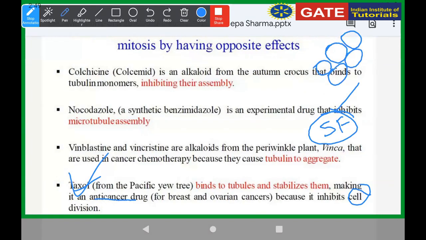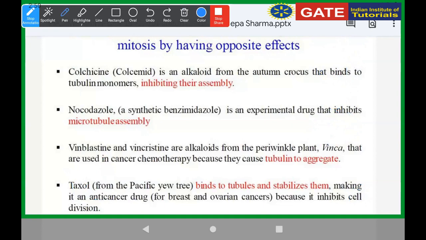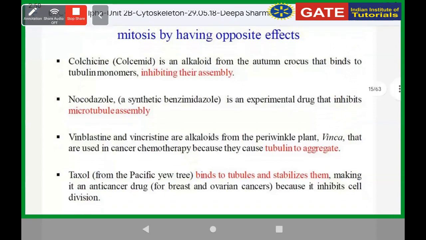These cells undergo division to double the tumor cells. If tumor cells multiply, the complete organ becomes a tumor, cancer. To prevent this cell division of tumor cells, this drug is used. It is like chemotherapy for cancer.